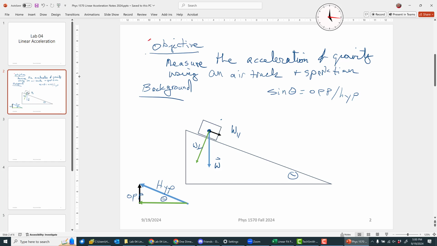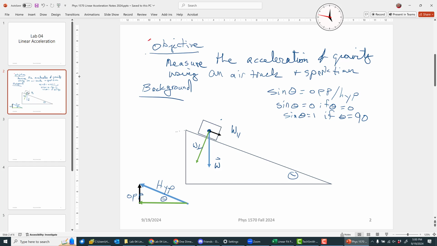Okay, so we need the trig function because sine of theta equals 0 if theta equals 0, and sine of theta equals 1 if theta equals 90.